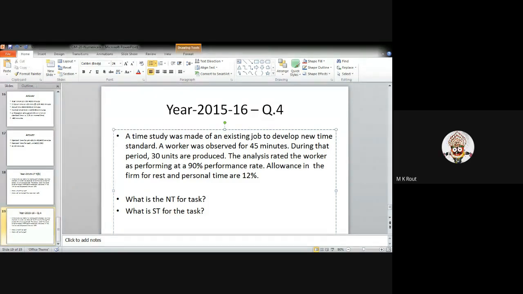So the normal time is 4.05, I can write here, 4.05, and the standard time is 4.60. What is the unit here? Sir, minute.